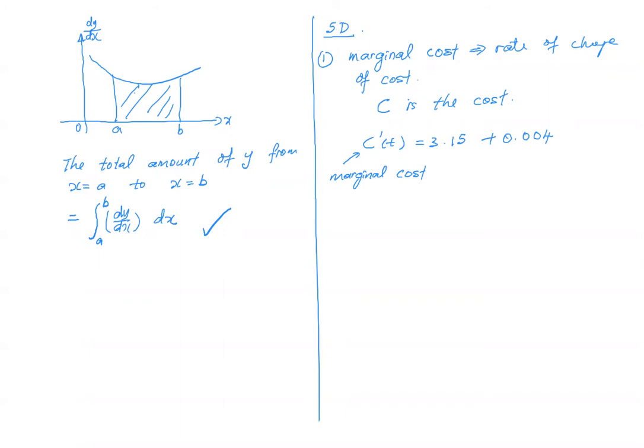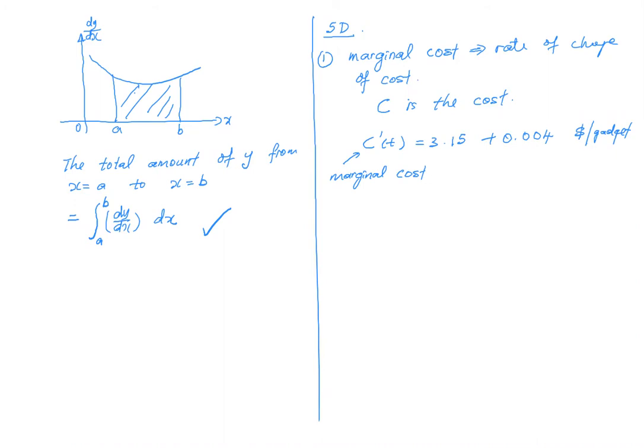They will just tell you marginal cost is this and this. So you know that is C prime T. And what is C? C is the cost. So the unit is dollar per gadget. And this one we have to be very careful because the gadget is a whole number.